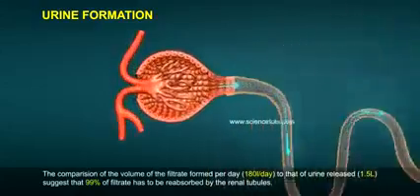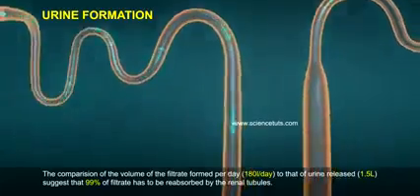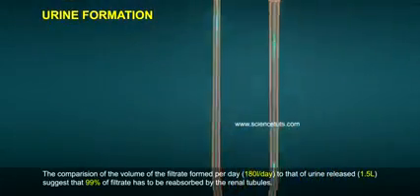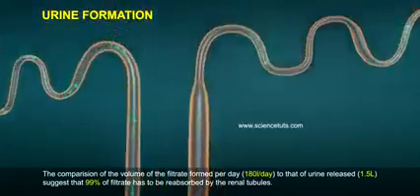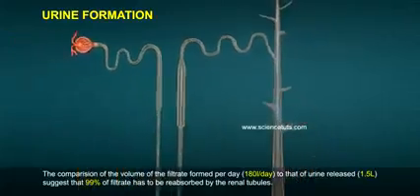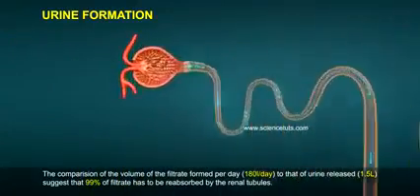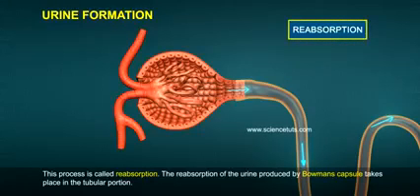The comparison of the volume of the filtrate formed per day, 180 liters per day, to that of urine released, 1.5 liters, suggests that 99% of filtrate has to be reabsorbed by the renal tubules. This process is called reabsorption.